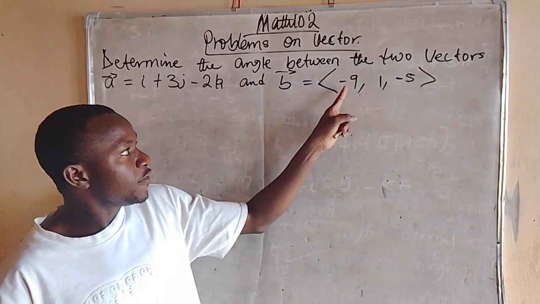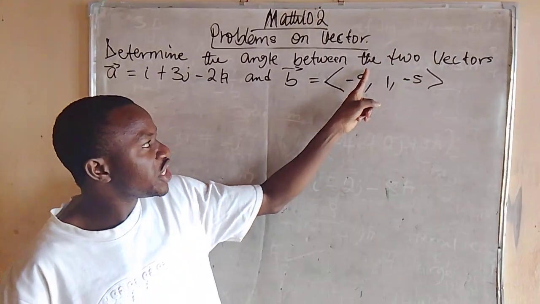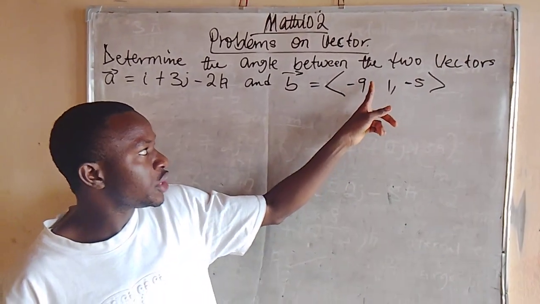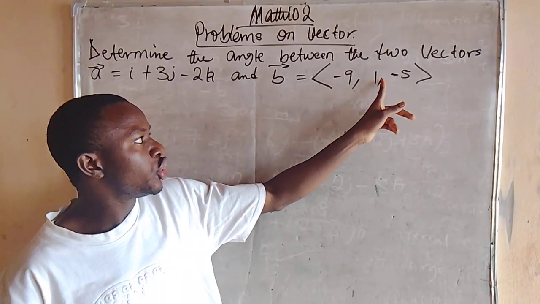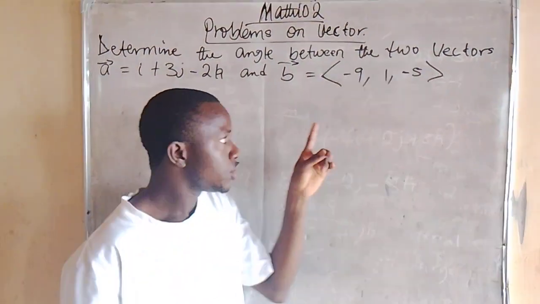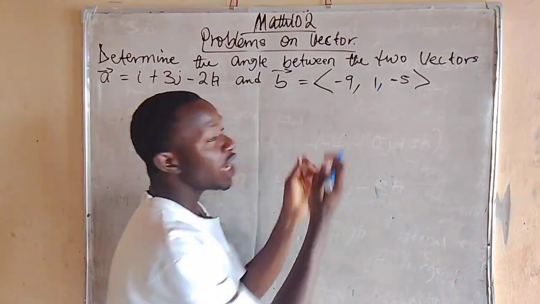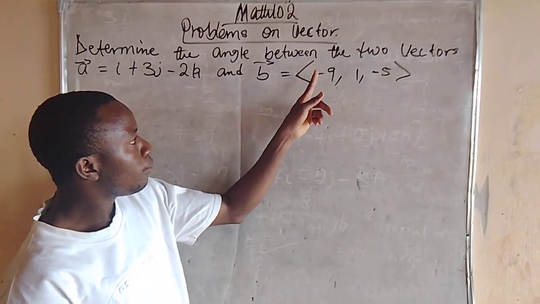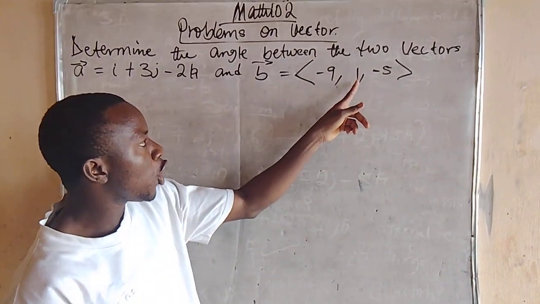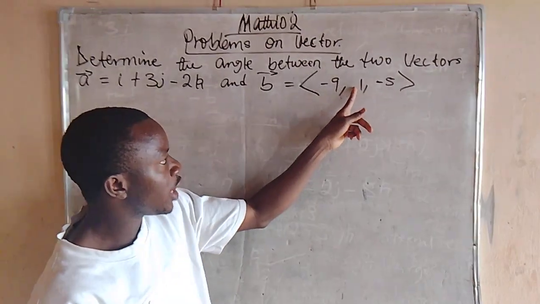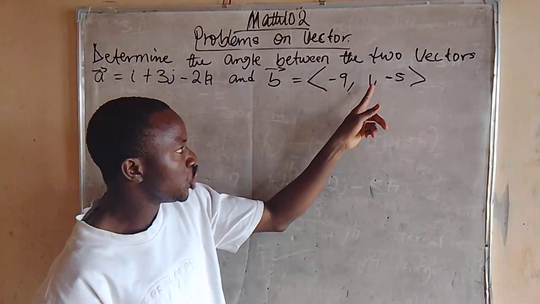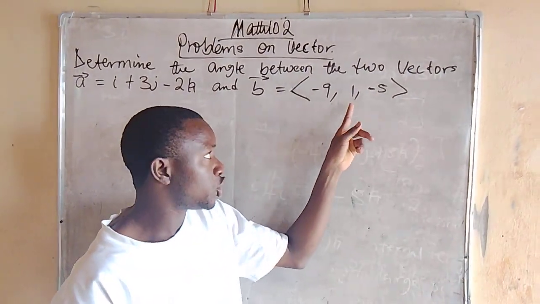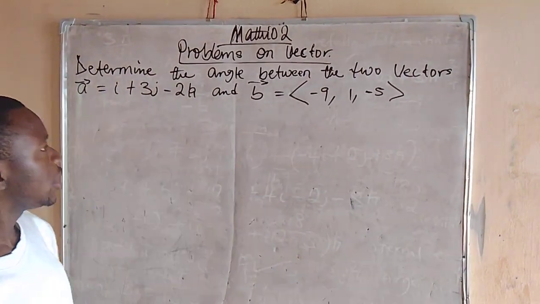That is in the form of the coordinates x, y, and z, in terms of unit vectors: this is i, this is j, and this is k. So vector B is equal to minus 9i plus j minus 5k, because it's positive that you are seeing here. So that is the interpretation of this.